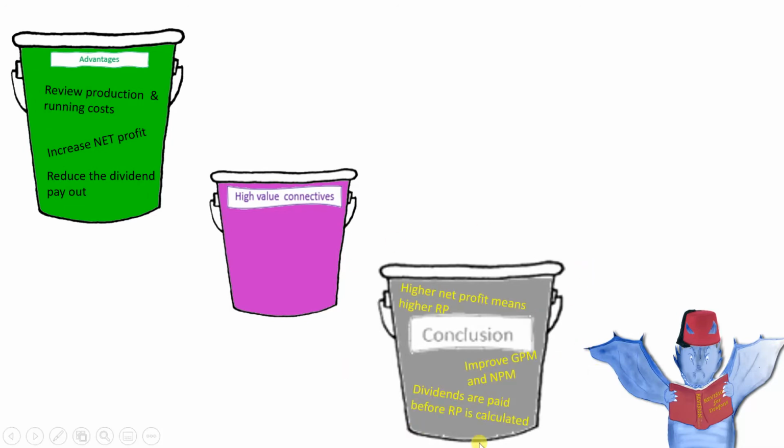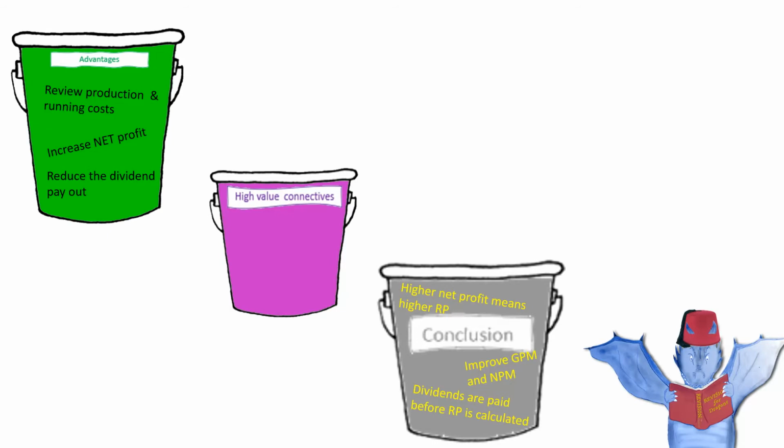Well, this time I've done it the other way around. I'm looking at the conclusion, or rather the consequences of these actions. So I filled the grey conclusion bucket, which I'm now looking at the consequences, to actually show that when you're reviewing costs, then both sides of cost, you're going to look at improving the gross profit margin and net profit margin.